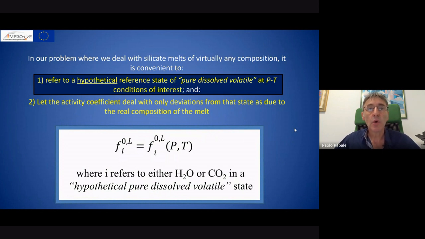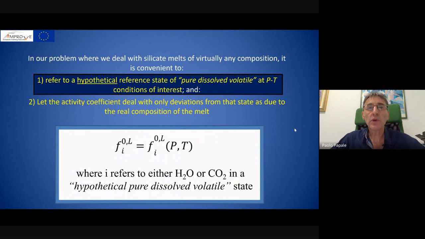A state where the dissolved volatile is a pure liquid with a behavior similar in some way to that of the volatile component dissolved in the liquid mixture. For the moment, let's assume we have an equation of state for such a weird state.